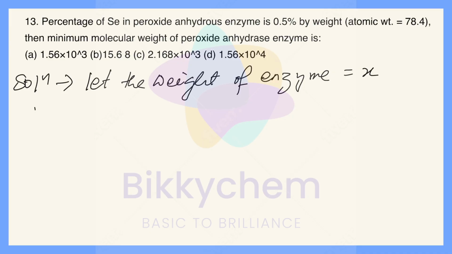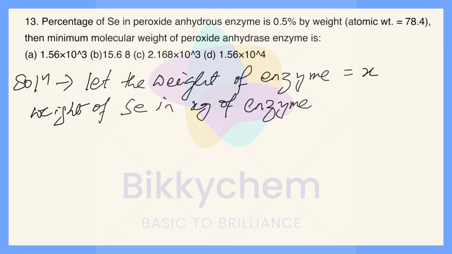Then we know that given is weight of SE in x gram of enzyme equals to 0.5% of x, means 0.5 divided by 100 into x.